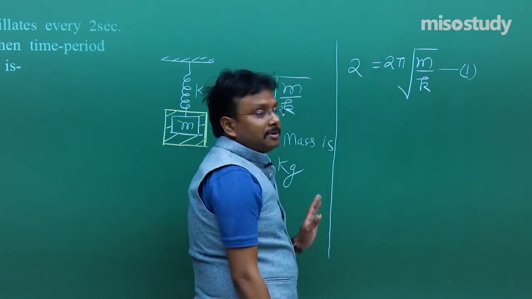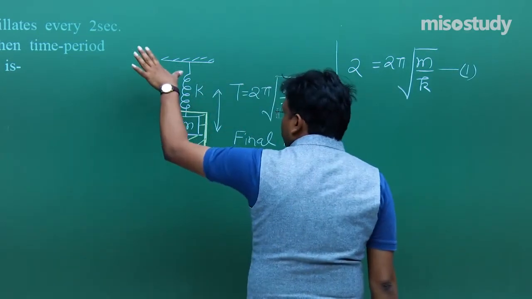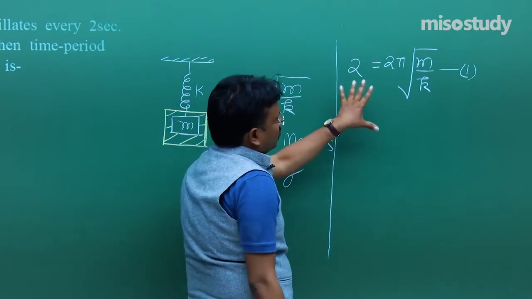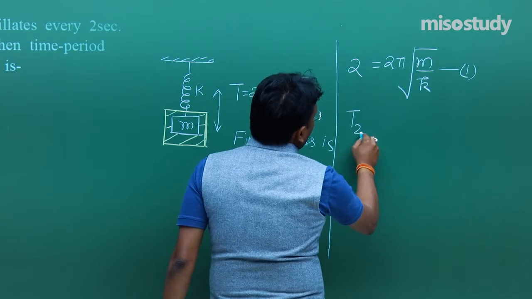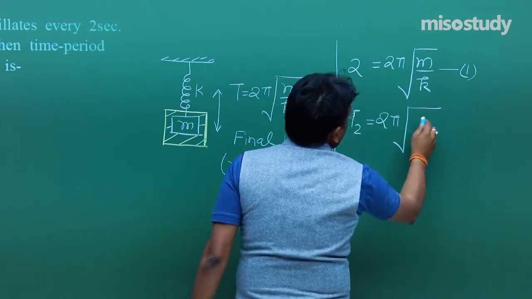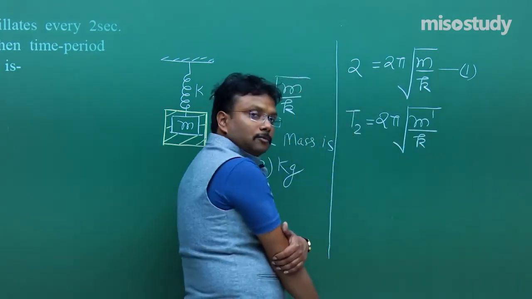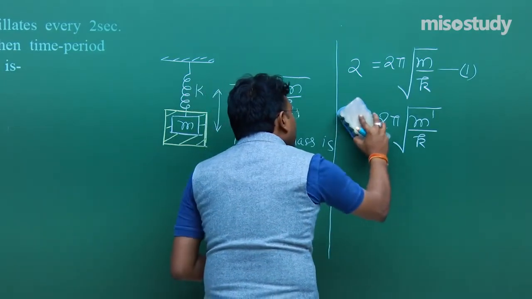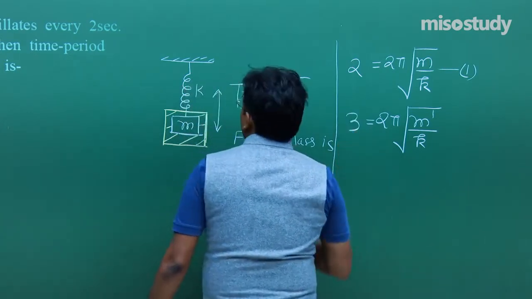This is something which I am telling you just to understand. Otherwise, I can finally put the solutions over here, but just to show you what should be the approach, that is why I am using this. Now, again second time what I will write down, T2 is equal to 2 pi under root m prime upon K. Because now T2 is nothing but 3.